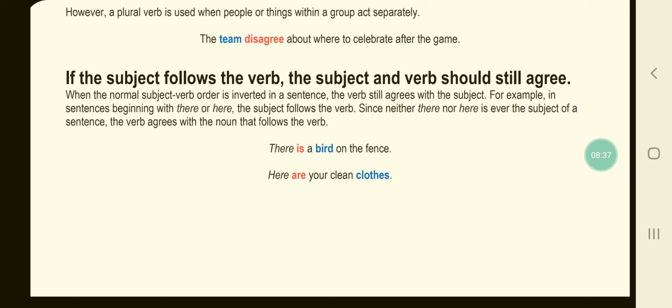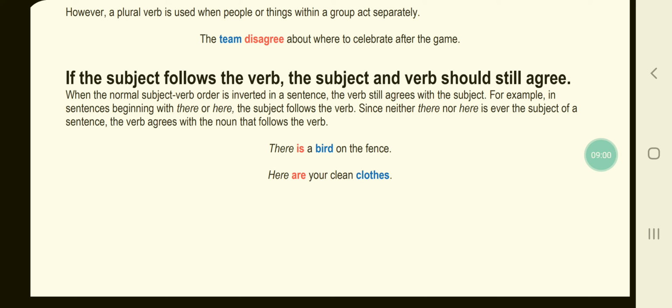Since neither there nor here is ever the subject of a sentence, the verb agrees with the noun that follows the verb. For example, there is a bird. Now children, there is not a subject. The subject is bird. Now since bird is singular, therefore the verb has taken its singular form.